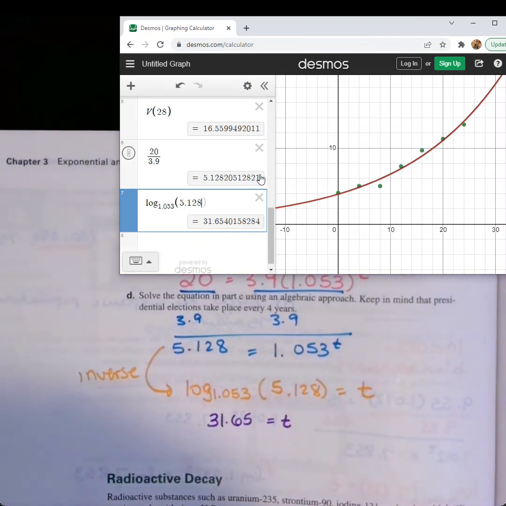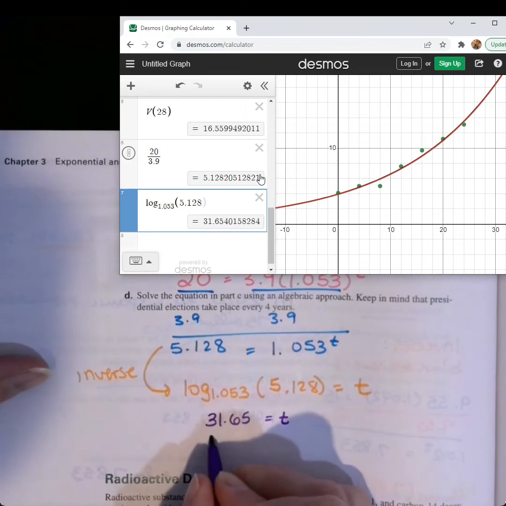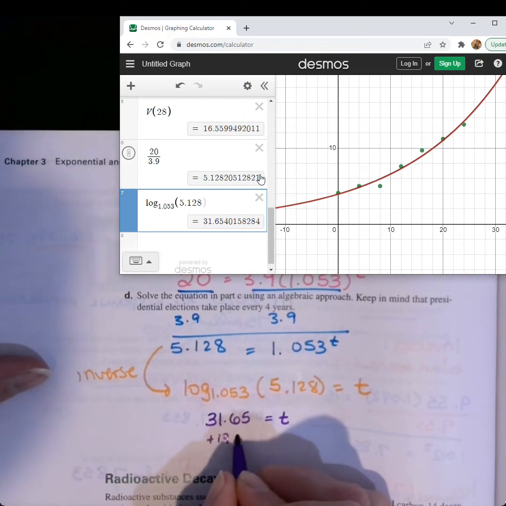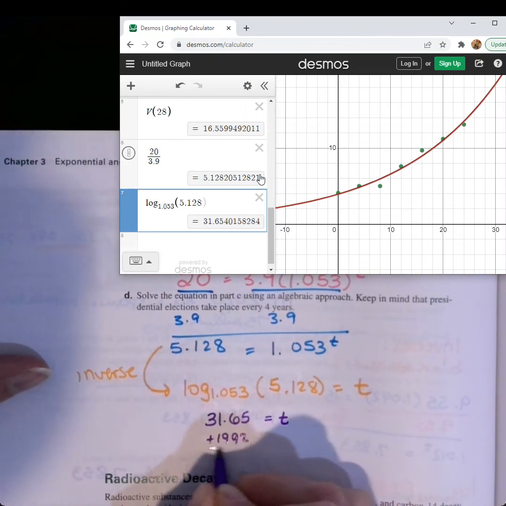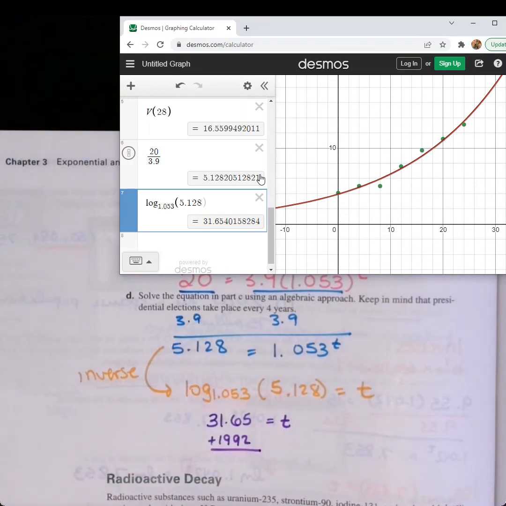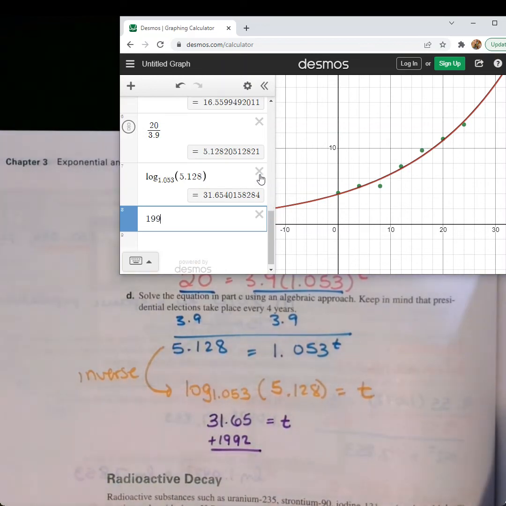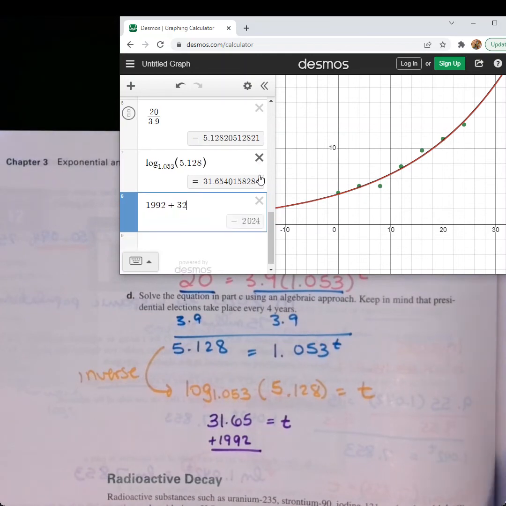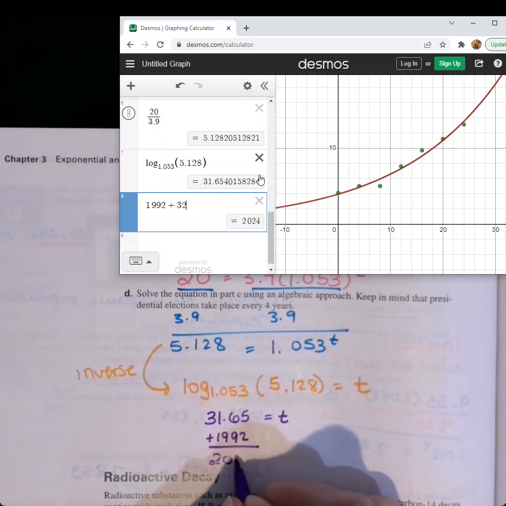Okay, and so I'm going to add that to my starting year, which is 1992. We're going to add 32 to that, right? Because we'll just round it up to the nearest year. And so that's going to be 2024.